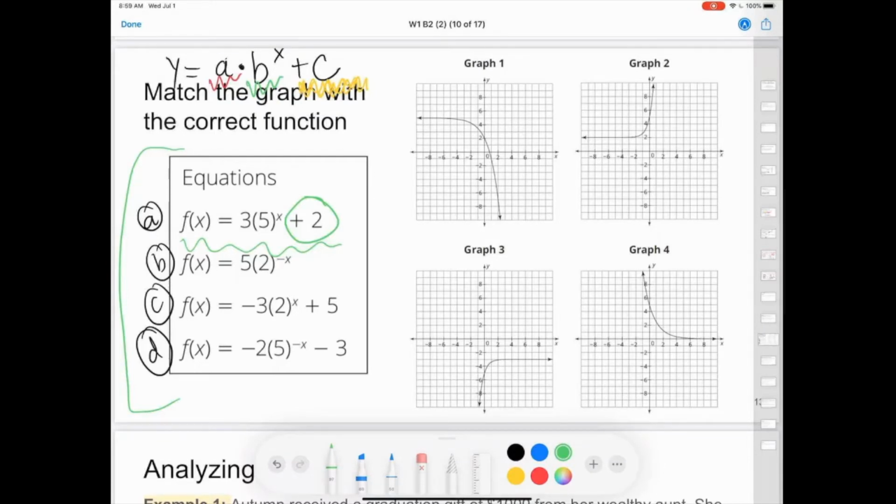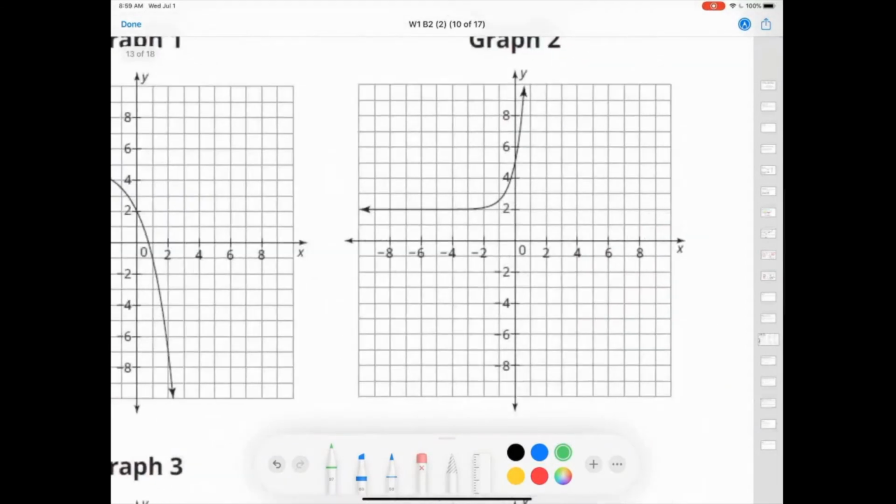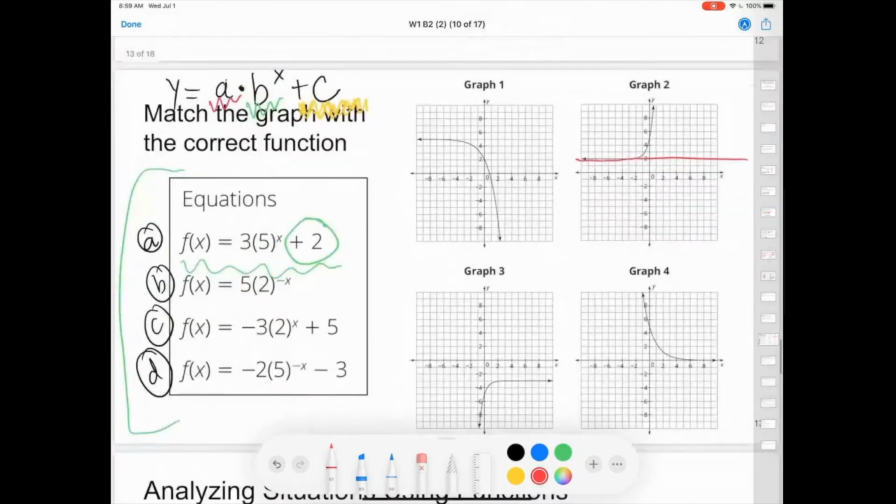I know that the graph that matches A is going to be graph 2, because there is a horizontal asymptote at 2. At 2, your graph gets really, really close, but it never crosses that line. So that's how I can tell that equation A matches with graph 2.